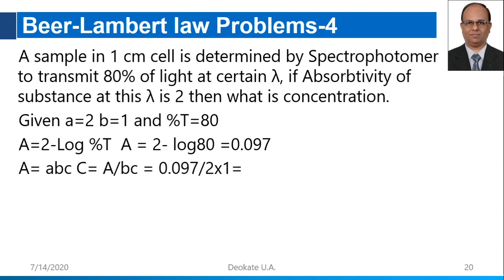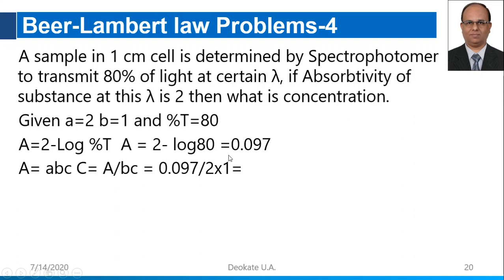Now what you have to do is use the equation A equals abc, because we have the absorptivity value, we have the path length, and now we have calculated the absorbance. So this is the equation we can use. They have asked us to find the concentration, so we will modify this equation: concentration equals A upon bc.